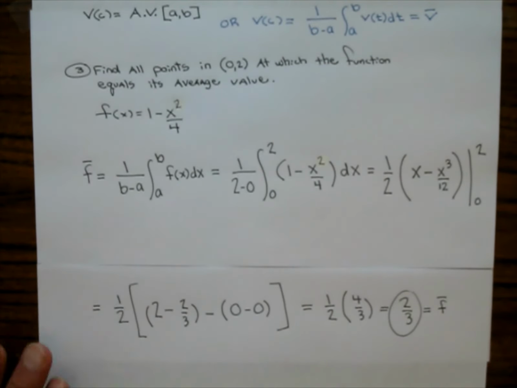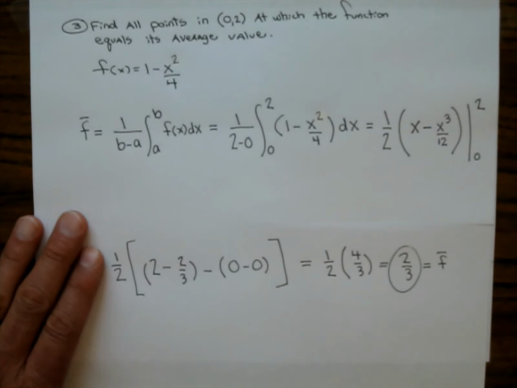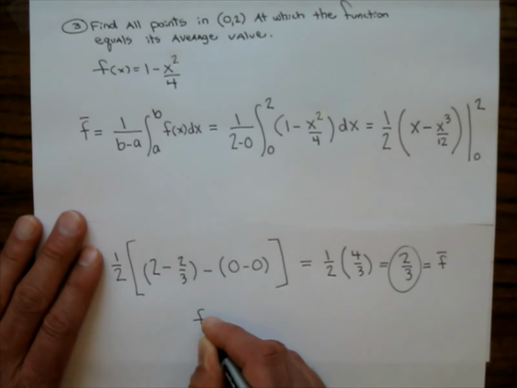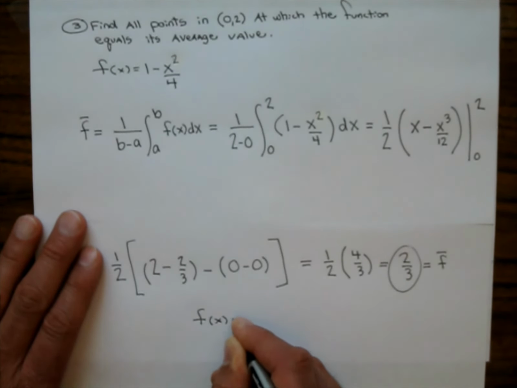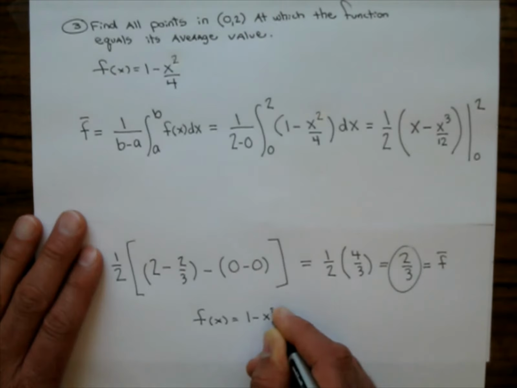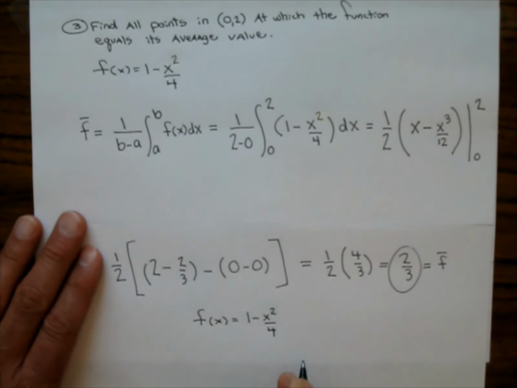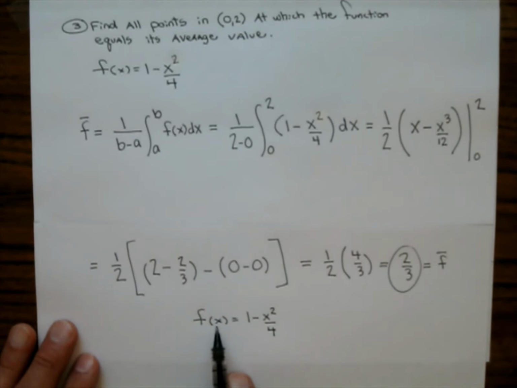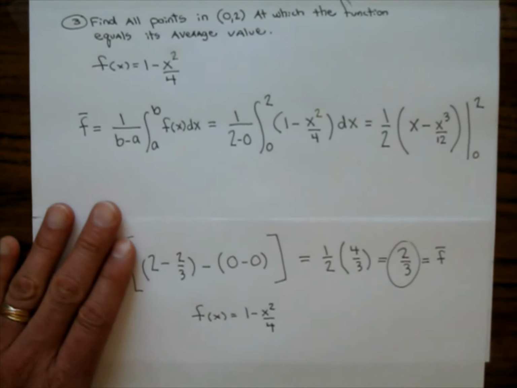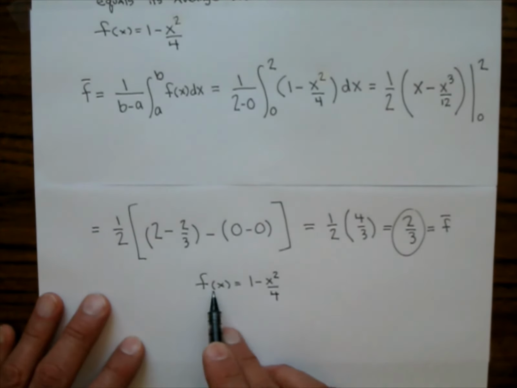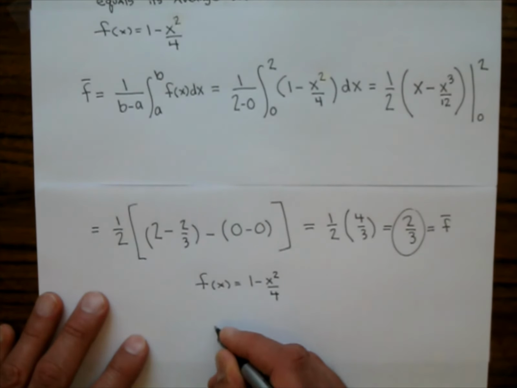So what are we going to do with this? So remember, this is our velocity function right here. If you could replace this with v of t and put a t there, that there is some time where this guy right here, where the velocity is 2/3.